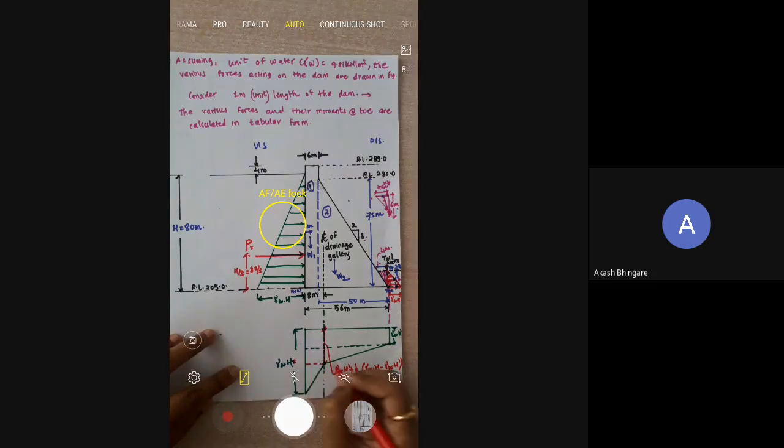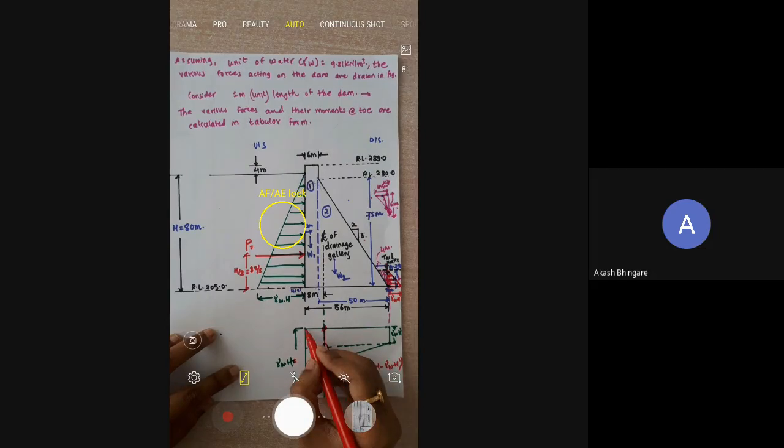This one will be the entire U1. It is about 8 meter wide, up to the center line, and the total height for this U1 will be this total ordinate, right? Then U2 will be this triangular portion, 8 meter and this one.